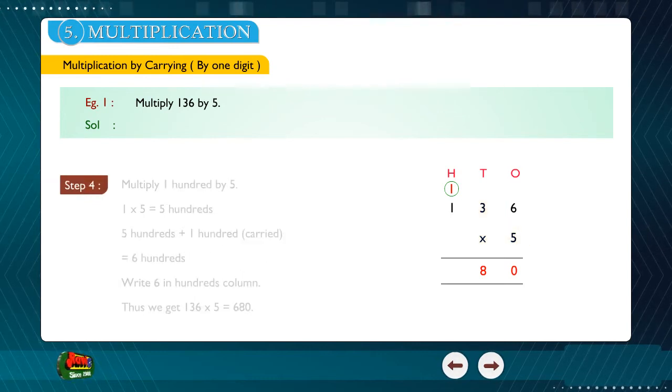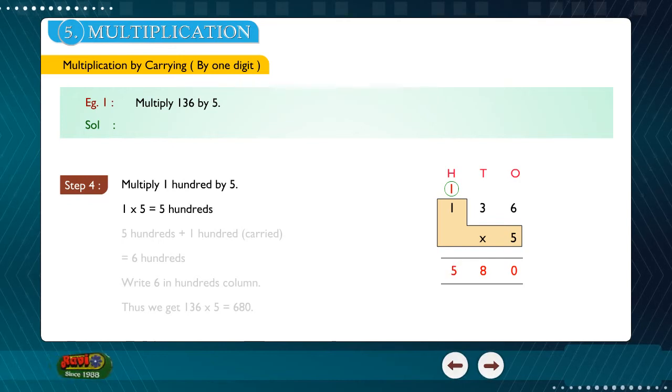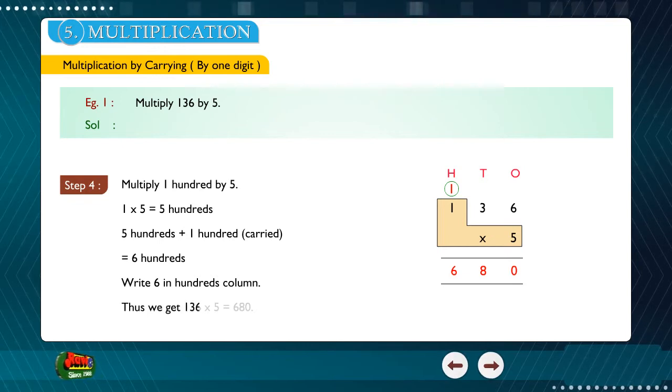Step 4. Multiply 1 hundred by 5. 1 into 5 is equal to 5 hundreds. 5 hundreds plus 100 carried is equal to 600. Write 6 in hundreds column. Thus, we get 136 into 5 is equal to 680.